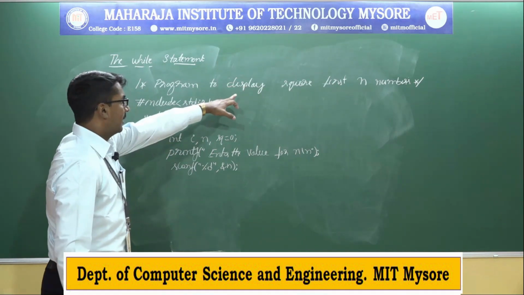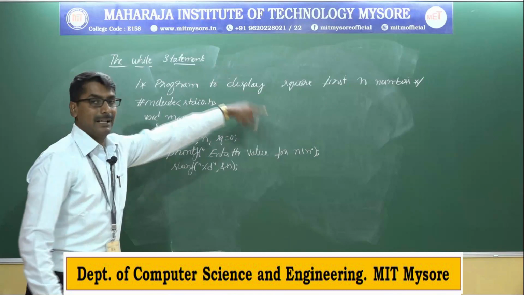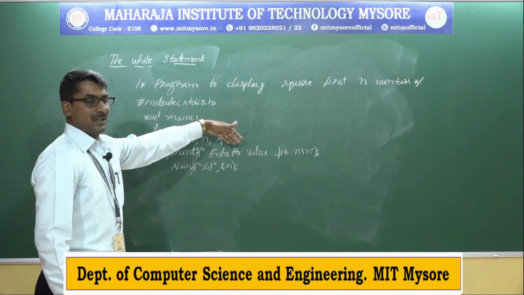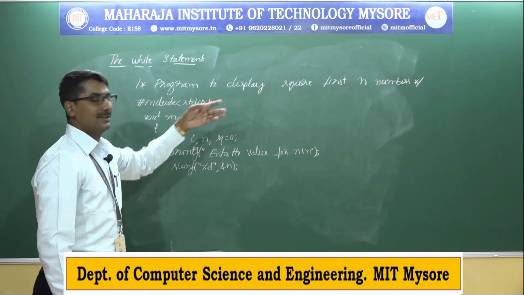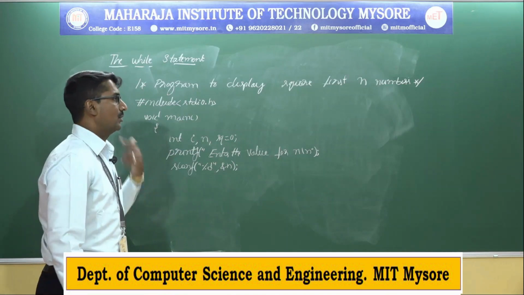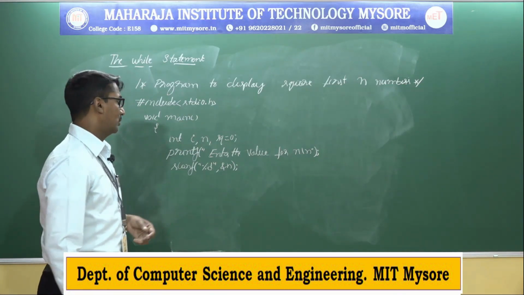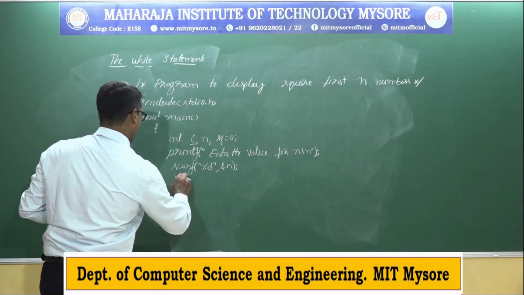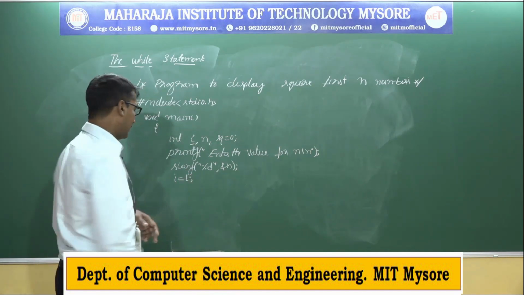Here I need to display the square of the first n numbers. 0 square is 0, so it is not required to calculate 0 square. We start from 1: 1 square, 2 square. So I will set i is equal to 1.